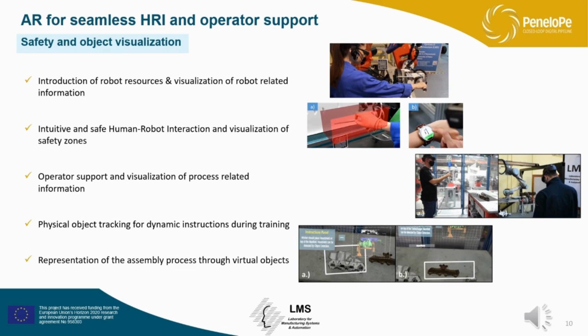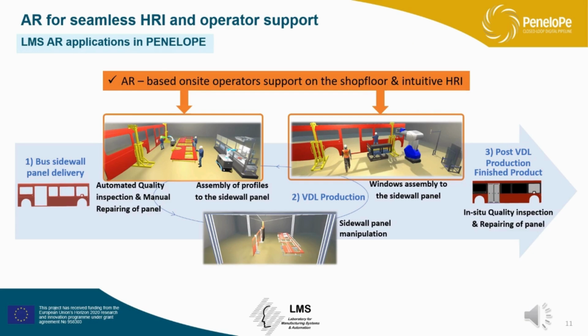They also provide benefits for operator support by visualizing process-related information such as instructions or times for work. AR tools help with physical object tracking or dynamic distractions during training, and they can represent assembly processes through virtual objects.